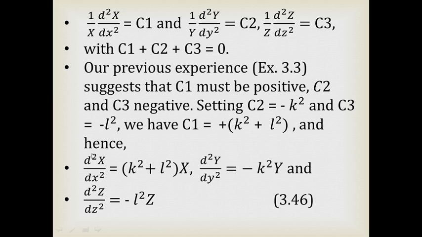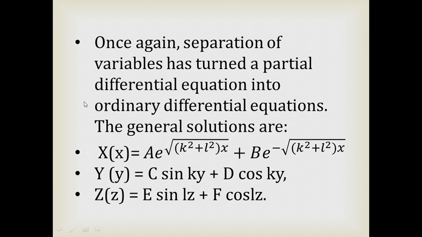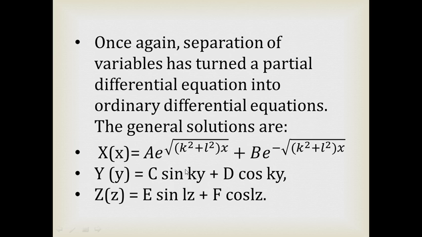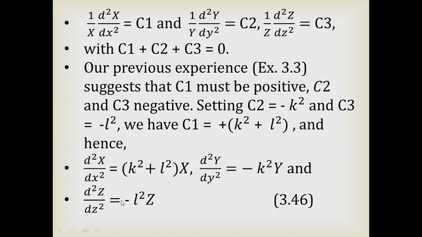Hence we can substitute this into our equations: d square X upon dx square is equal to C1, that is k square plus L square, times X; d square Y upon dy square is equal to C2, that is minus k square, times Y; and similarly d square Z upon dz square is equal to minus L square times Z.